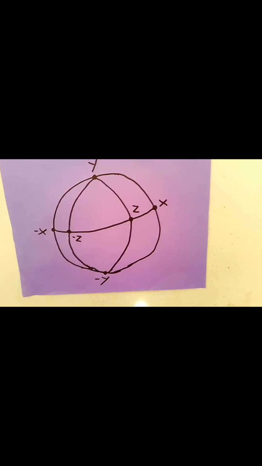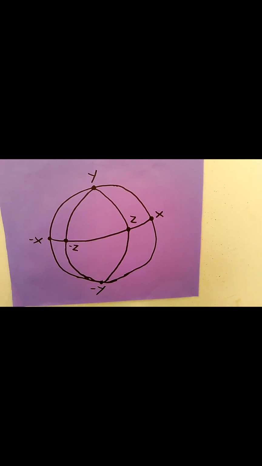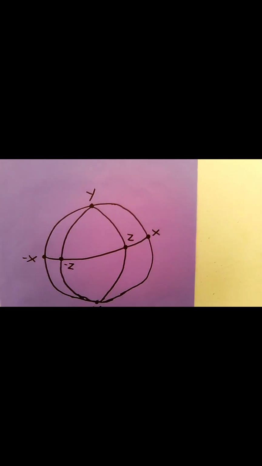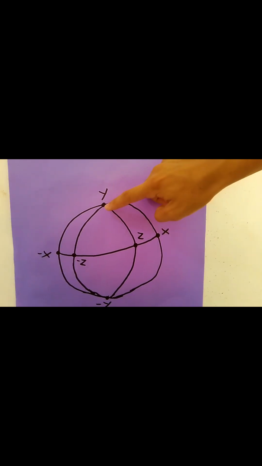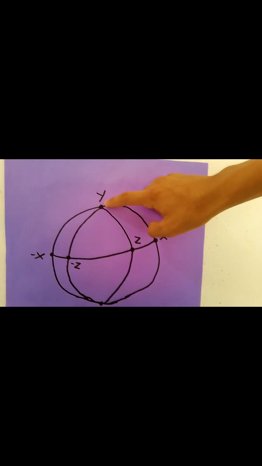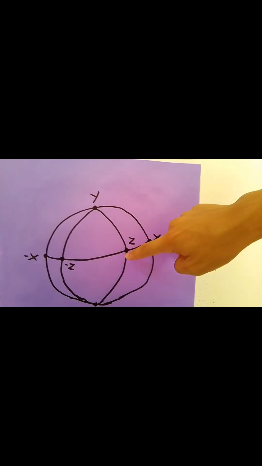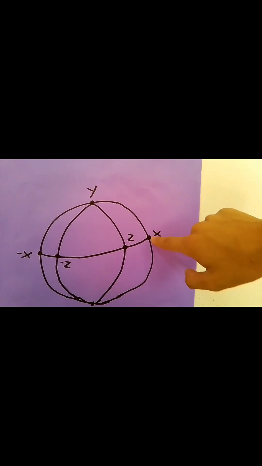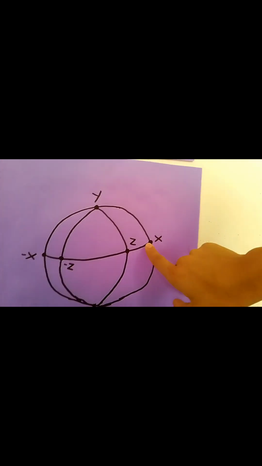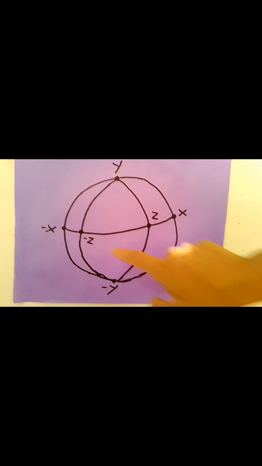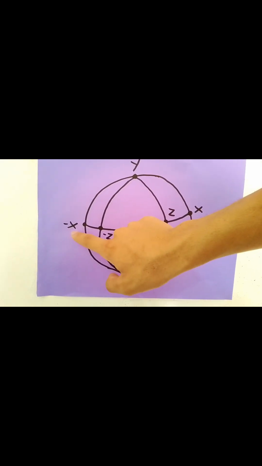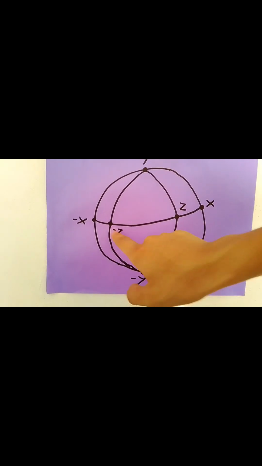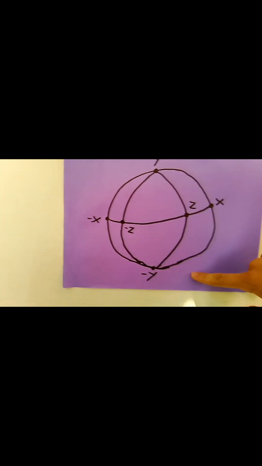So this is a sphere. A point lies on the sphere: positive y, positive z, and positive x. Those are the points, and negative x, negative z and negative y.